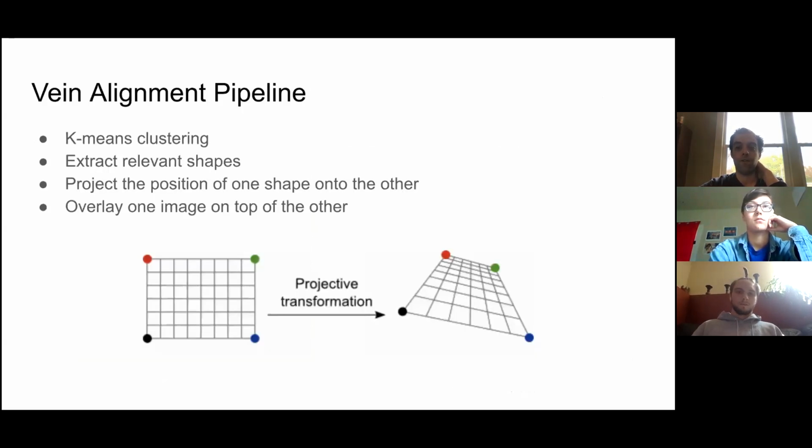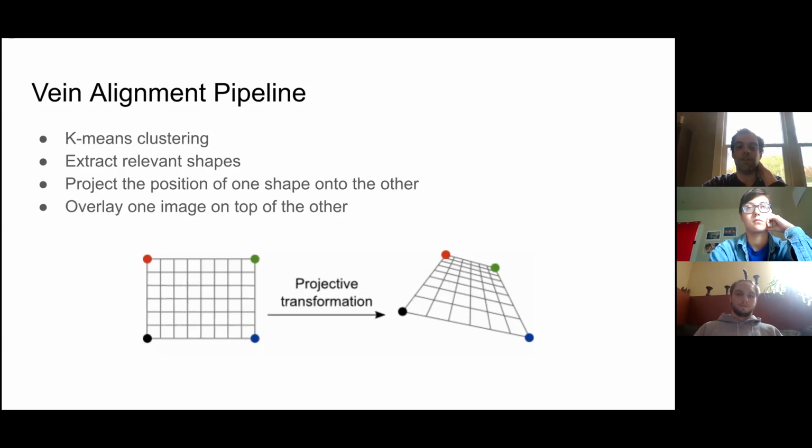All right, so for our vein alignment pipeline, we start off by doing something similar to the PCA that we did in the previous pipeline with our k-means clustering. After that, we found the relevant shapes that we need of each image, i.e. the general outline of the vein image and the general outline of the petal image.